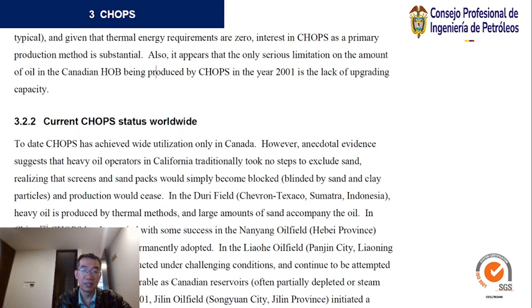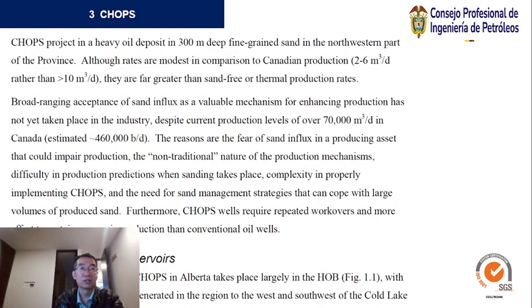In 2001, Jilin oil field initiated a CHOPS project in a heavy oil deposit in 300 meter deep fine grained sand in the northwest part of the province. Although rates are modest in comparison to Canadian production, they are far greater than sand-free or thermal production rates.